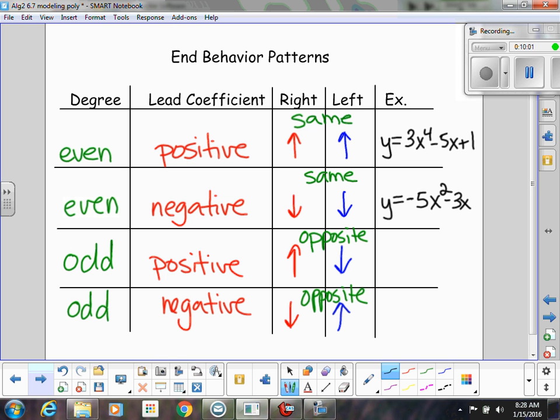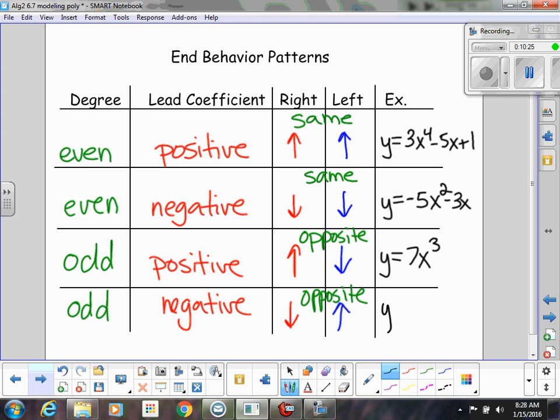And for the third example, I want to make sure my degree is odd and that the lead coefficient is positive. So let's say my lead coefficient is positive 7 and my degree is 3. So I'm just going to leave it like that. It doesn't have to have anything added afterward.